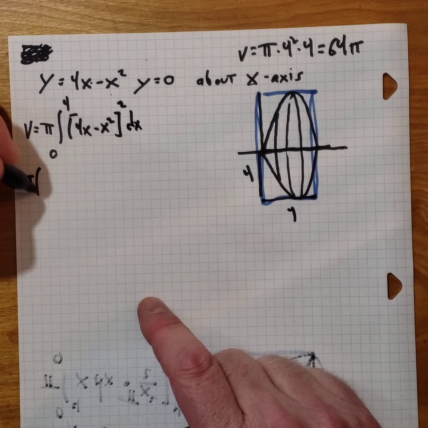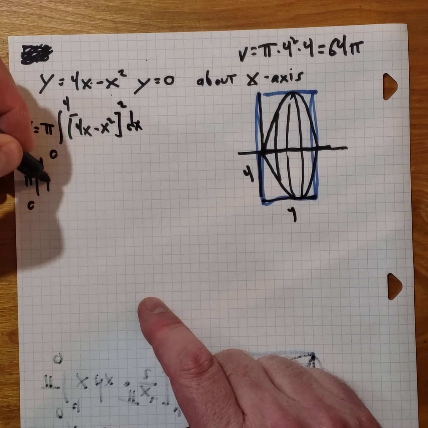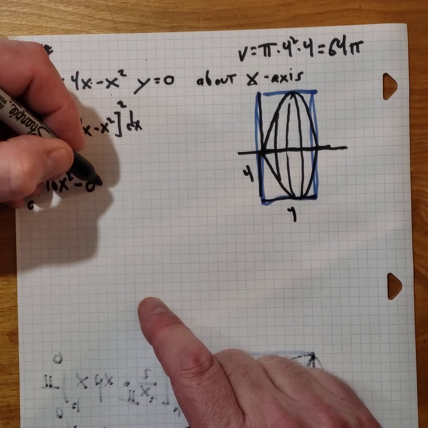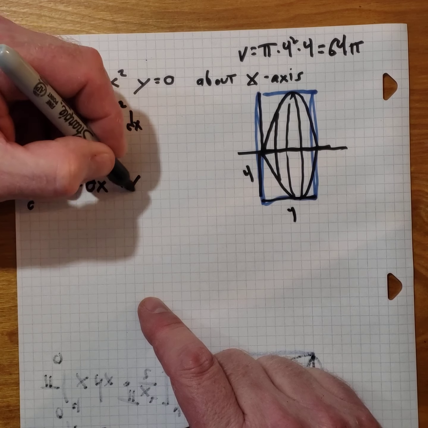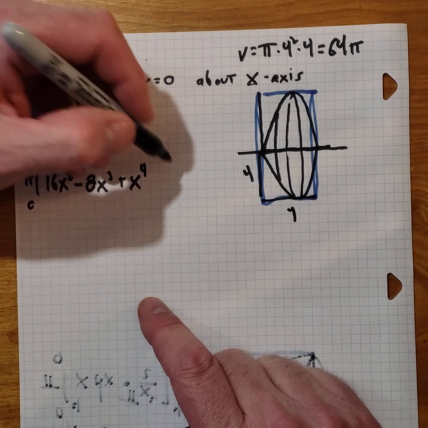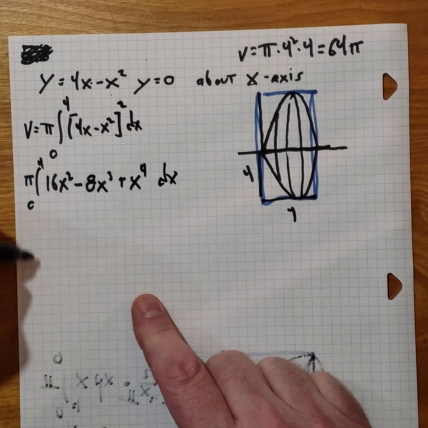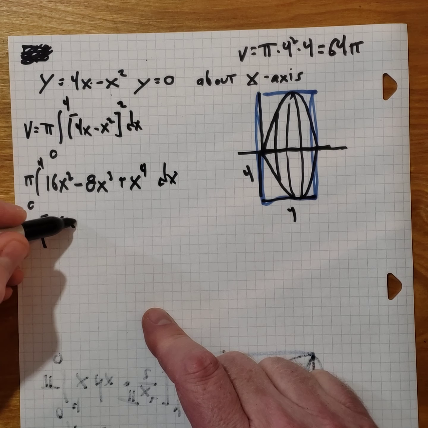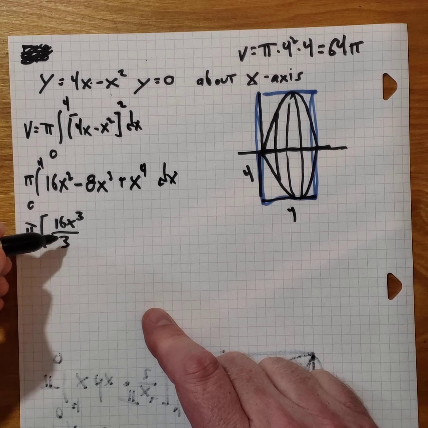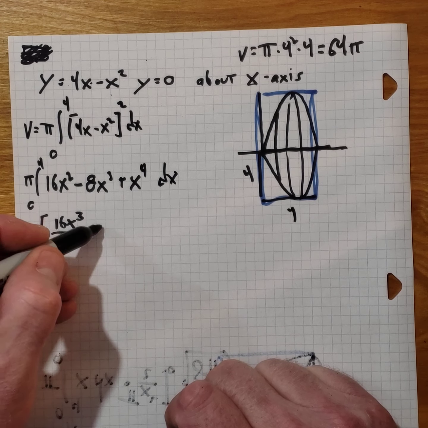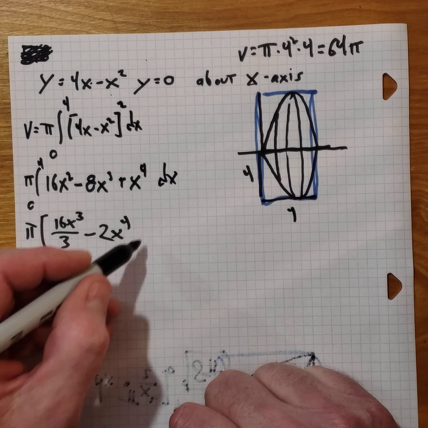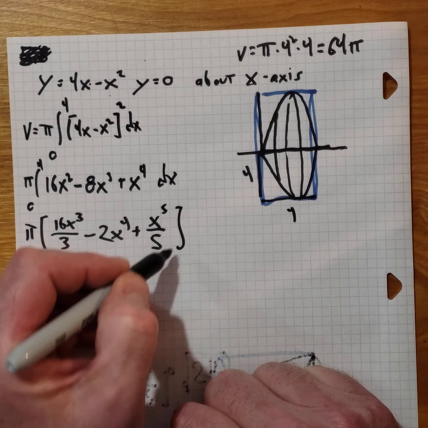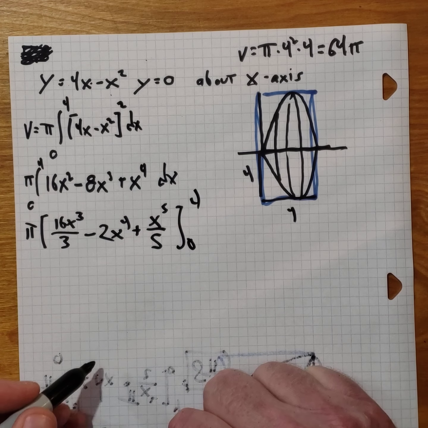Well, that's going to be pi times the integral from 0 to 4 of 16x squared minus 8x cubed plus x to the 4th dx. So that's going to be what? 16x cubed over 3 minus 2x to the 4th plus x to the 5th over 5, from 0 to 4.